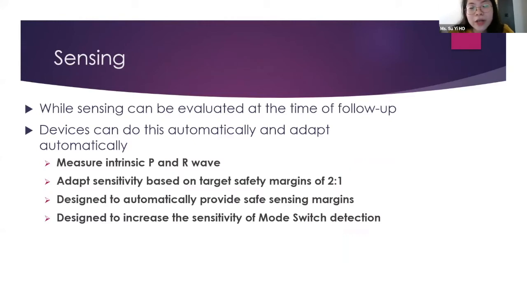Okay, so while we can do sensing measurements during our in-office check, our devices are also very smart. They can do auto self-checks and automatically adjust the target safety margin accordingly. The safety margin for sensing and pacing is to make sure that there is at least 2 times the safety margin or the sensing margin.